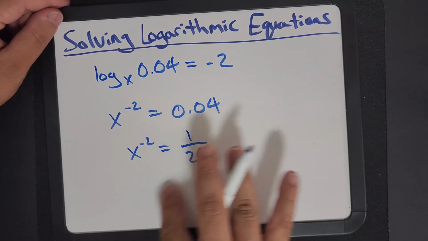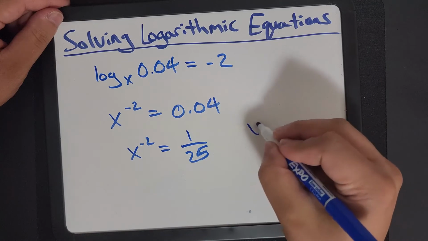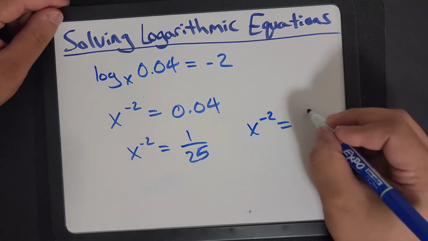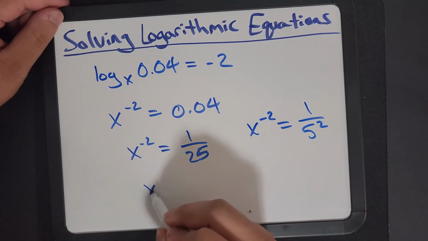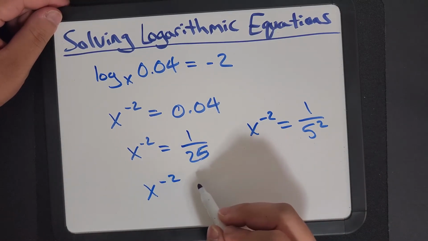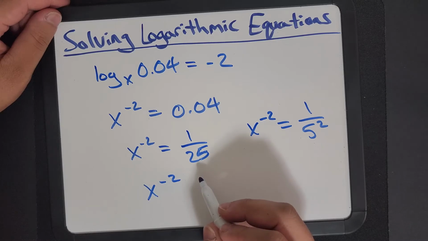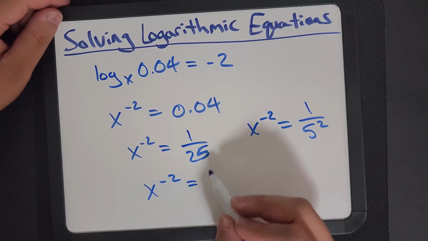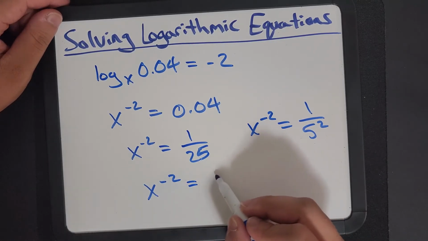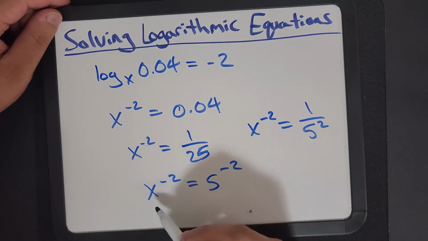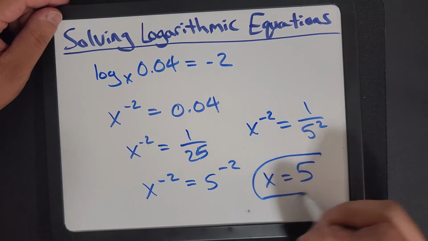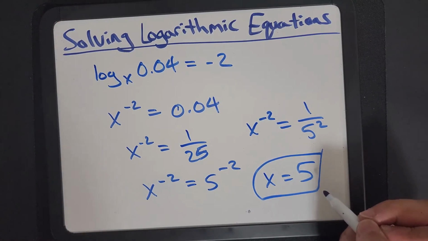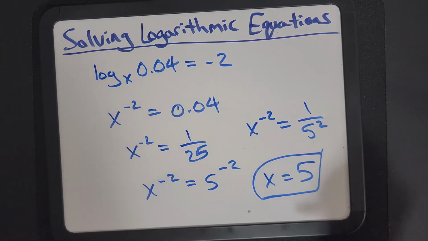I know that x to the negative 2 is also equal to 1 over 5 squared, which is also 5 to the negative 2, which means x is equal to 5. See? Easy peasy.